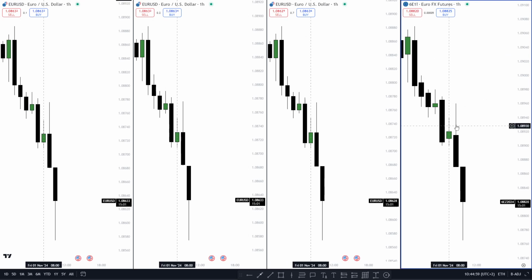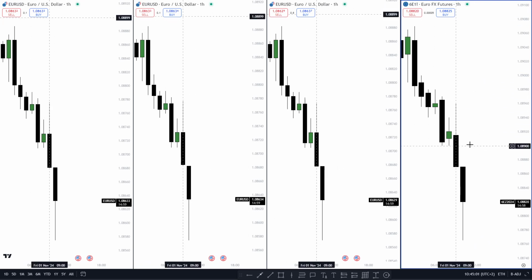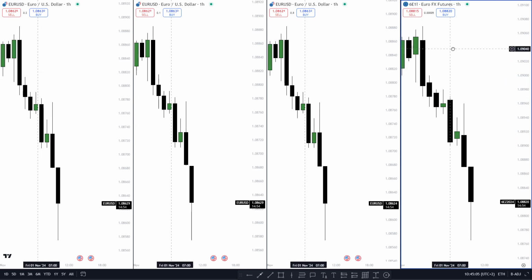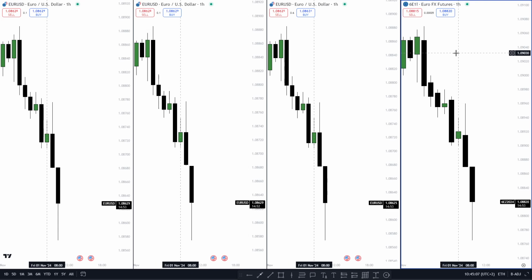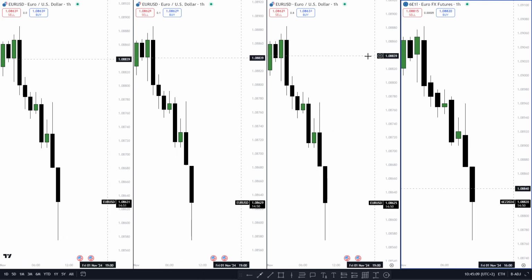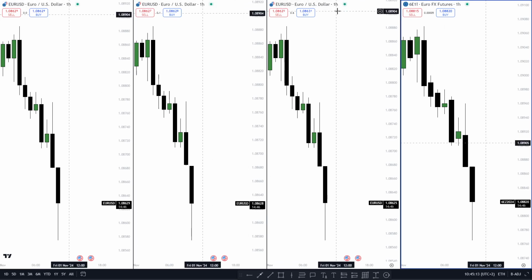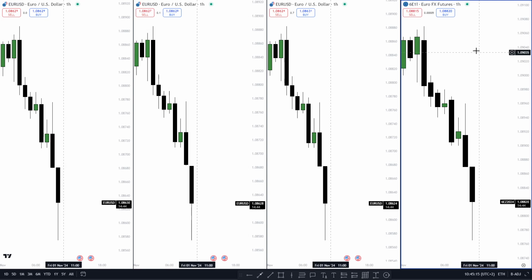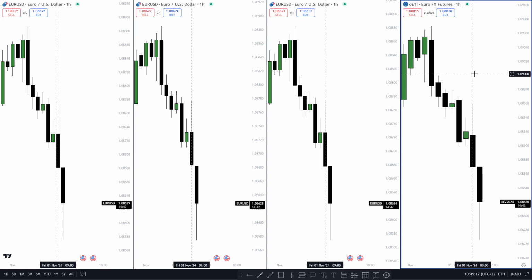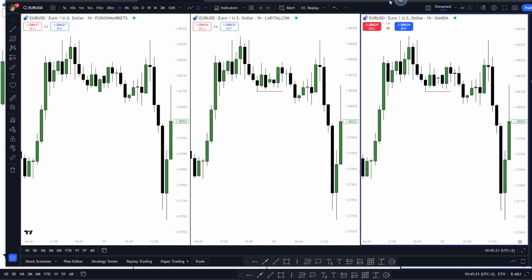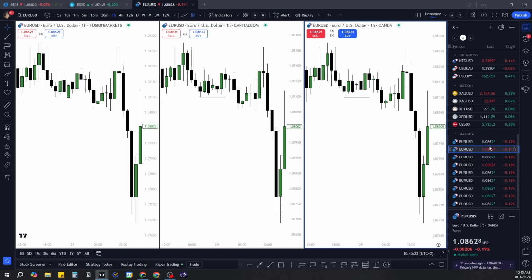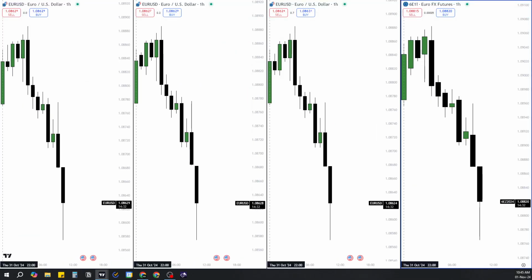Now, if we relate to this data as the true data, we want to examine what is the closest Forex broker to use with that. Okay, so let's analyze. I took all the brokers and put them here, and we will see what is the best broker.